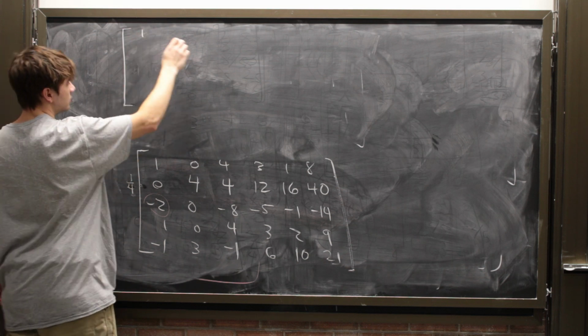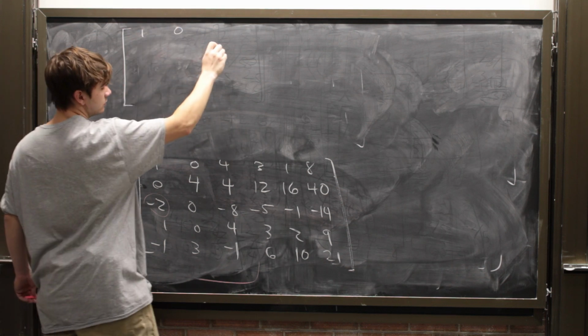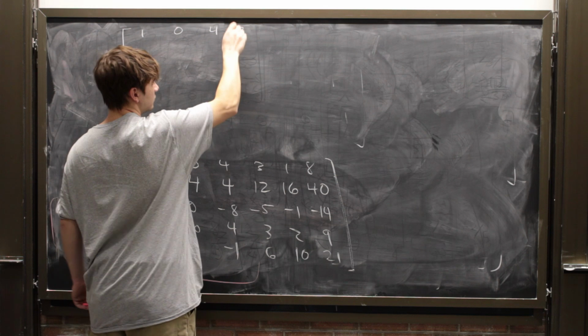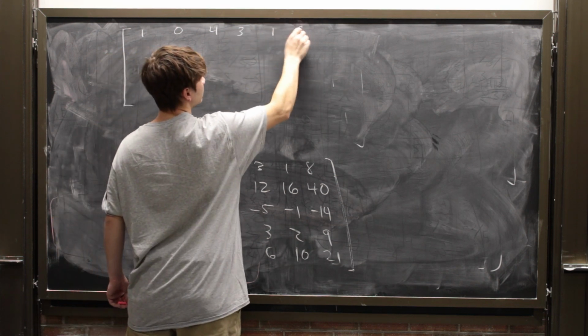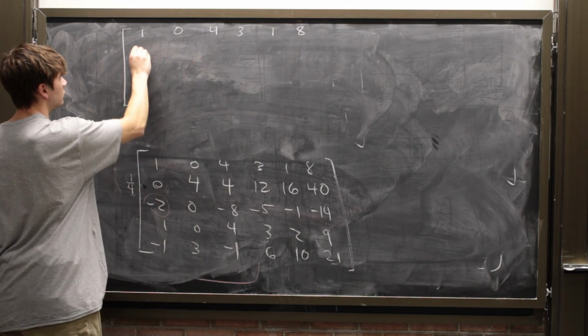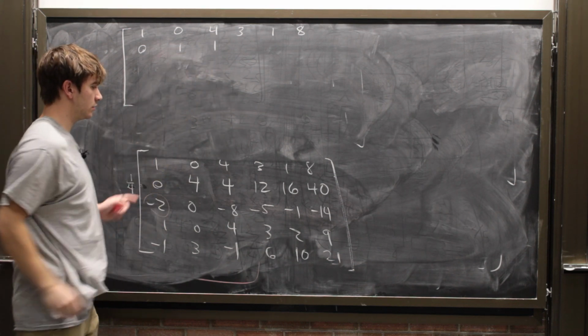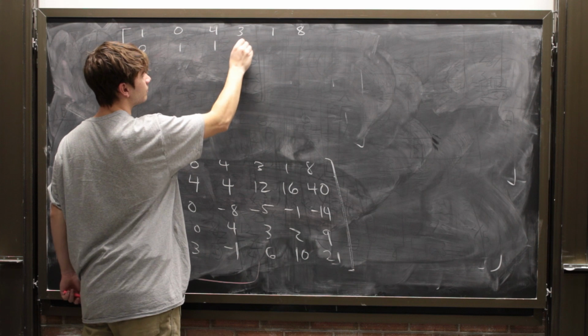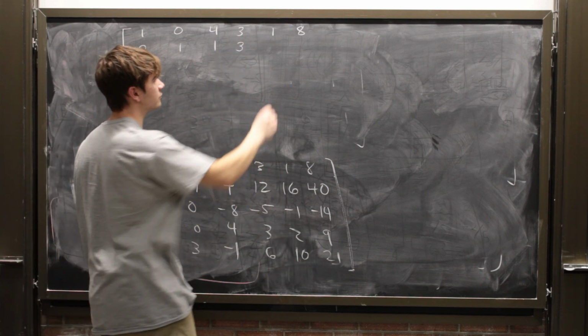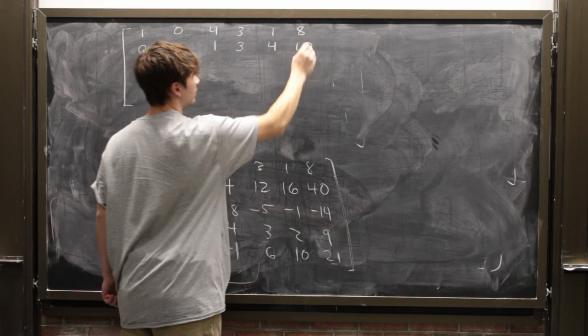Okay, so 1, 0, 4, 3, 1, 8. This row getting multiplied by 1/4, I have a 1, a 1. 12 divided by 4 is 3. 16 divided by 4 is 4. And a 10 here.